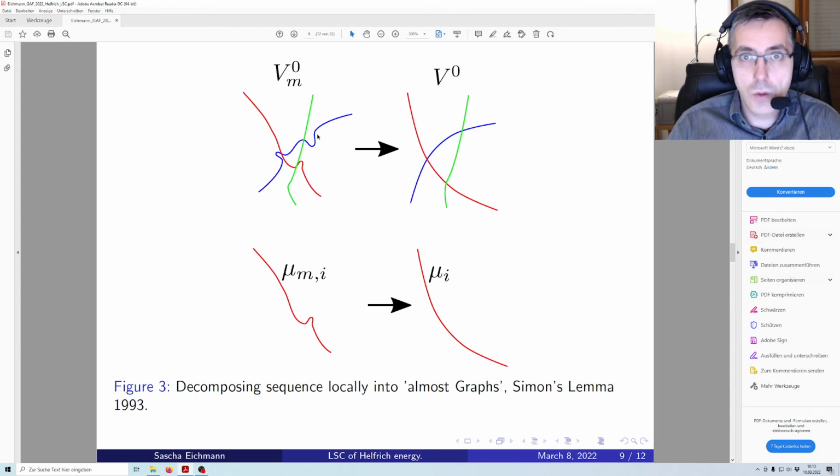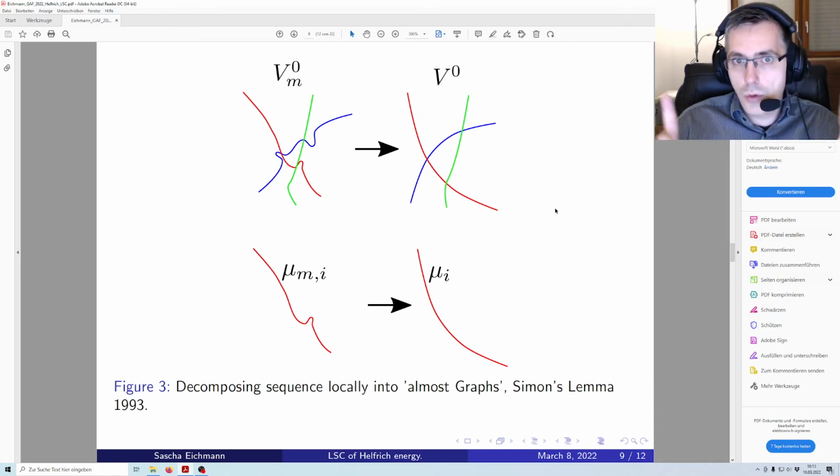So what we have actually shown is that the decoupled minimizing sequence converges to a decoupling in the limit. And this is exactly what we need, because what we have now is a density 1 varifold which converges to a density 1 varifold.